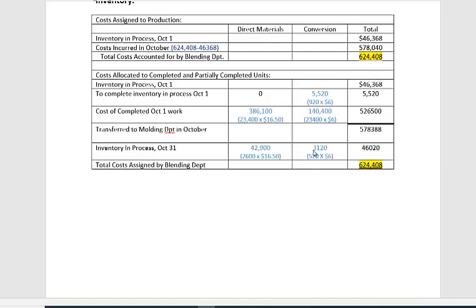So our cost as far as conversion was $3,120. If we add these two together, we get $46,020. So added to the total transferred, our total cost that we've accounted for here is $624,408. So we know that we have accounted for all our costs that were added to the blending department.